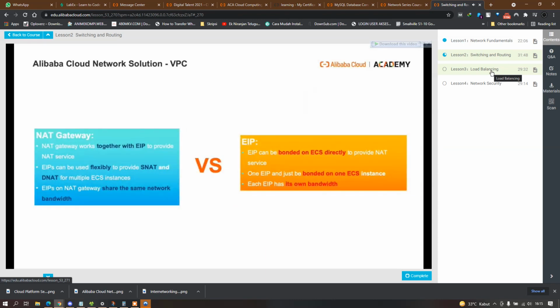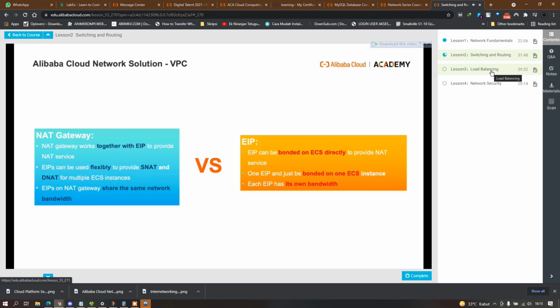Okay, this page is the detailed comparison between the NAT gateway and the EIP. First, the NAT gateway works together with the EIP to provide a NAT service, while an EIP can be bound to an ECS instance directly without using the NAT gateway to provide a NAT service.